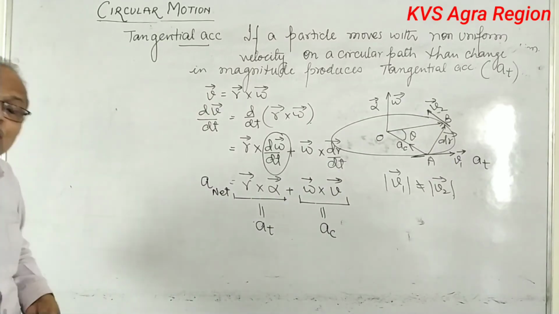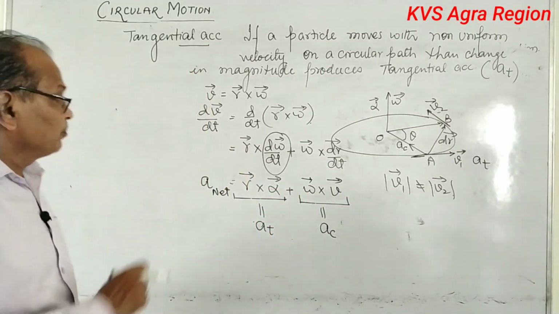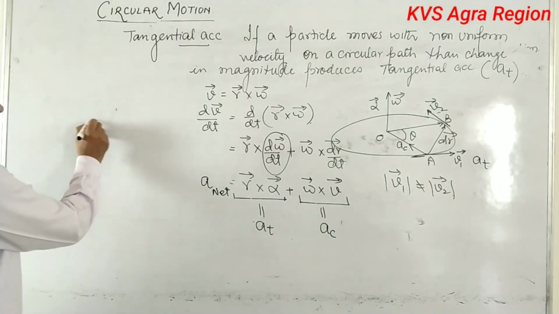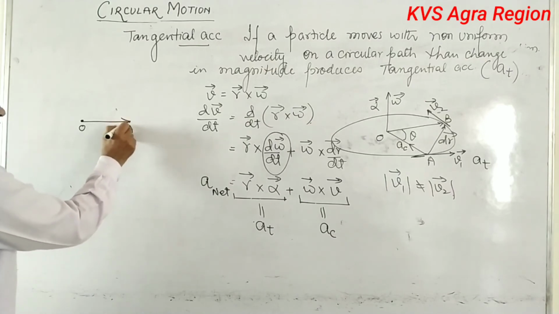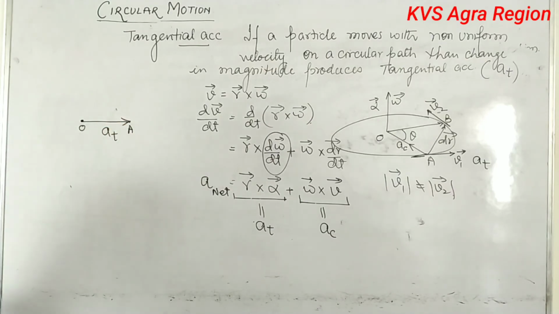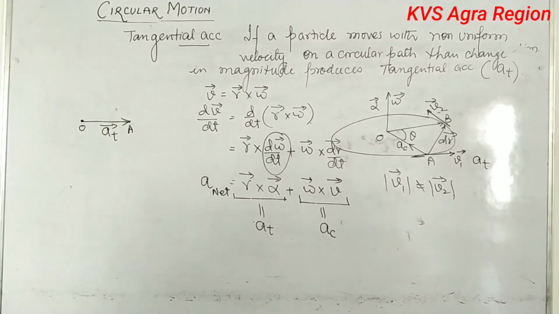What is the resultant of the tangential vector and centripetal acceleration vector? This is the point A and it is along the direction of the tangent. It is AT vector, tangential vector.